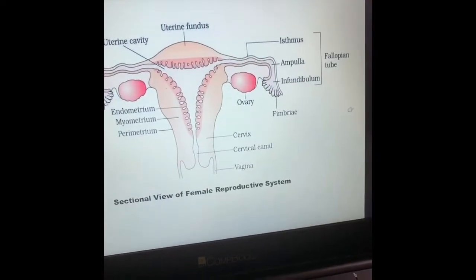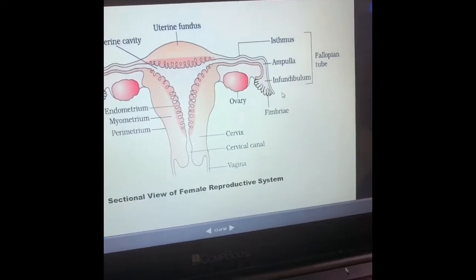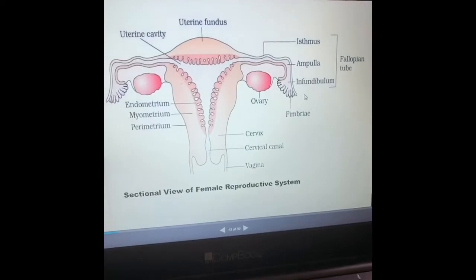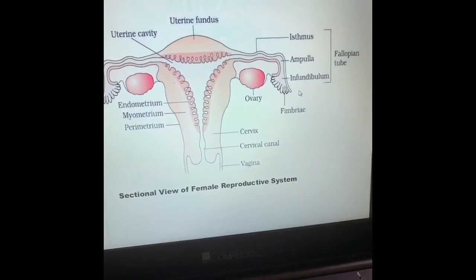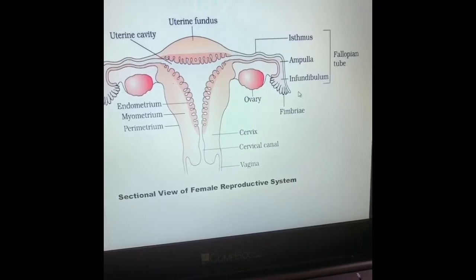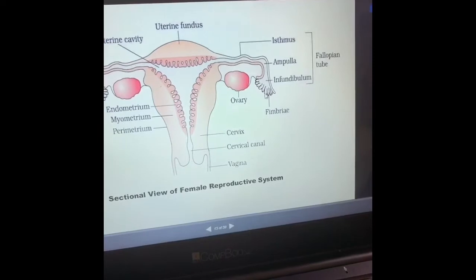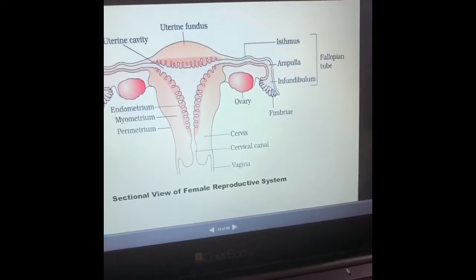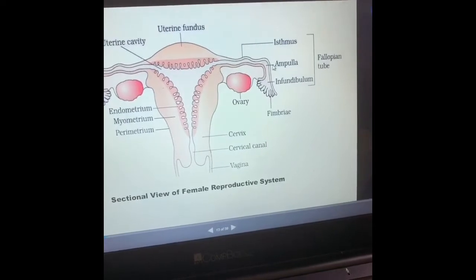The fallopian tube has three parts: the infundibulum, ampulla, and the isthmus. The broad funnel-shaped proximal part bears finger-like processes called fimbriae, and it opens into the body cavity by an aperture called ostium.